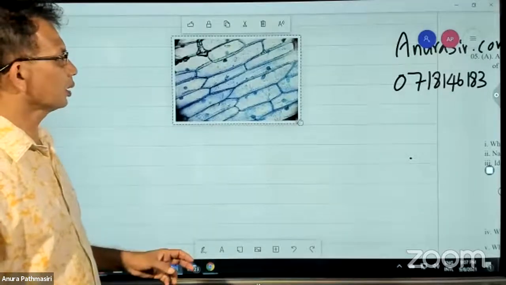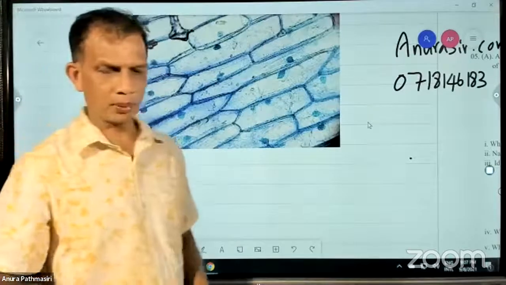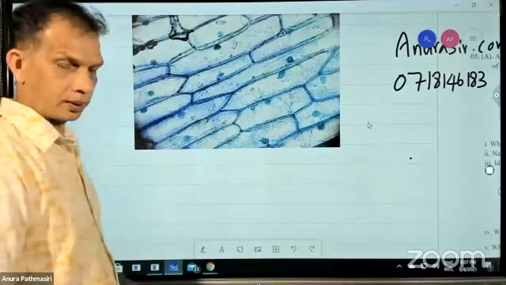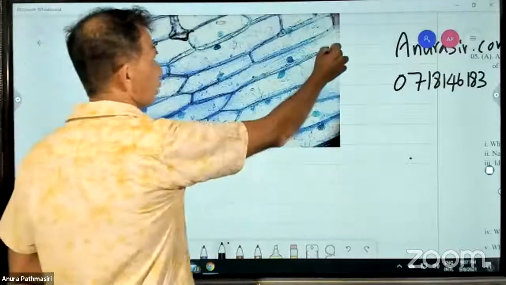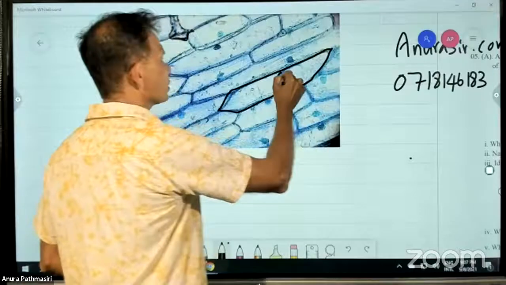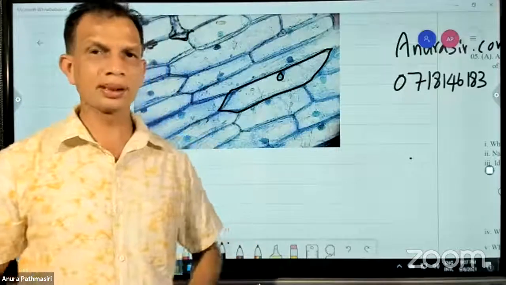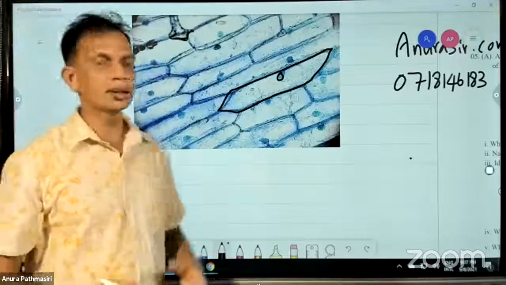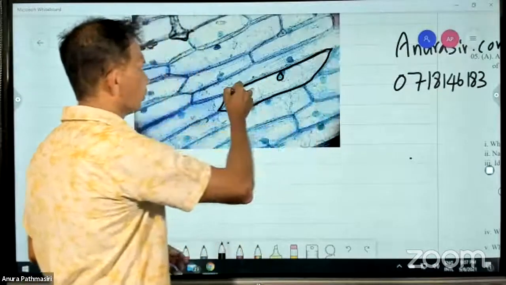As you can see, onion cells have boundaries. This may be mid power. The boundaries are because of the cell wall. The cell wall is very hard because it's made up of cellulose, and later lignin can be deposited in the cell wall.